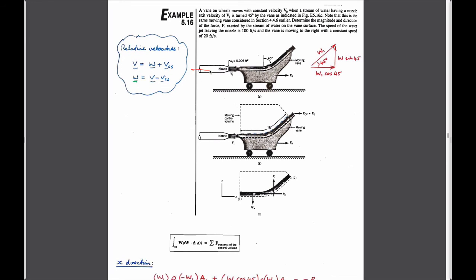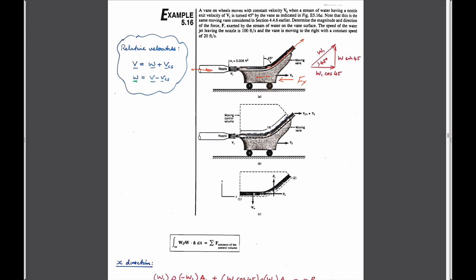You have water coming in at some flow velocity, it strikes this vane, it shoots up here, and you could ask those same two questions. You could ask the question, if I hold this here with some force in the x direction, so it's static, then what is the magnitude of this force? Very first case. Or if this force is equal to 0, what is the velocity this vane will move at?